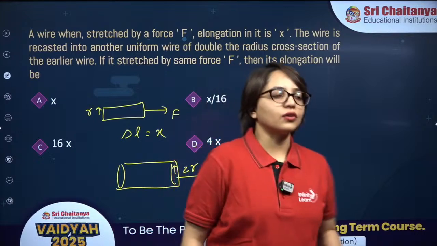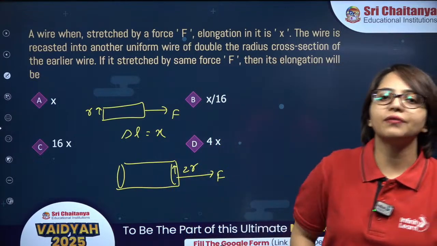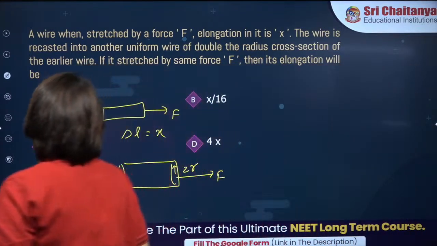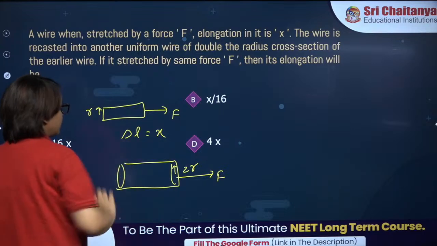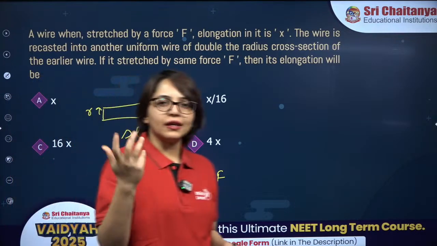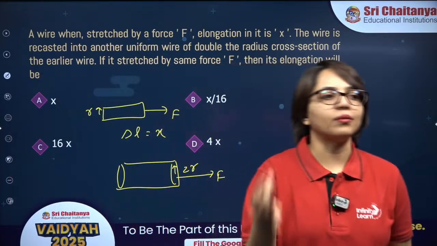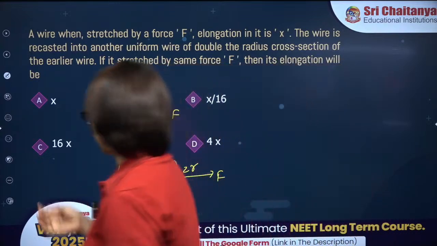If you are increasing the cross section area, what will happen to the length, everyone? If you are increasing the thickness of the wire, will the length increase, decrease or remain constant? Can you tell me?